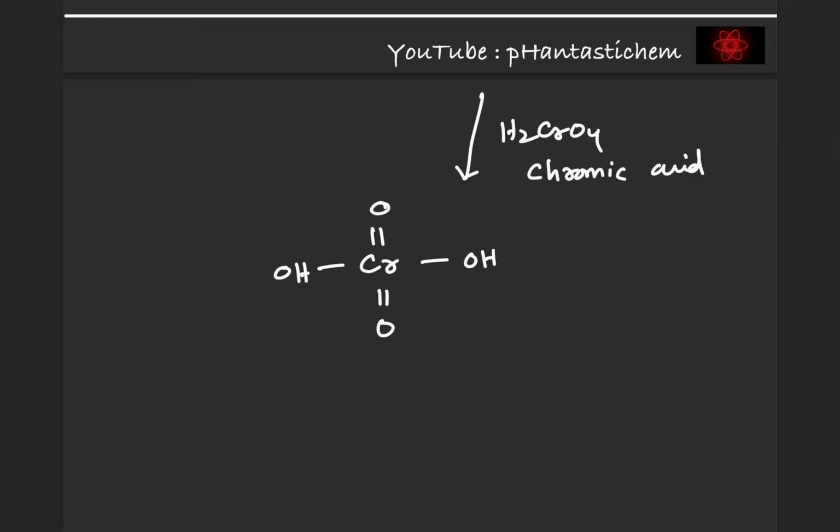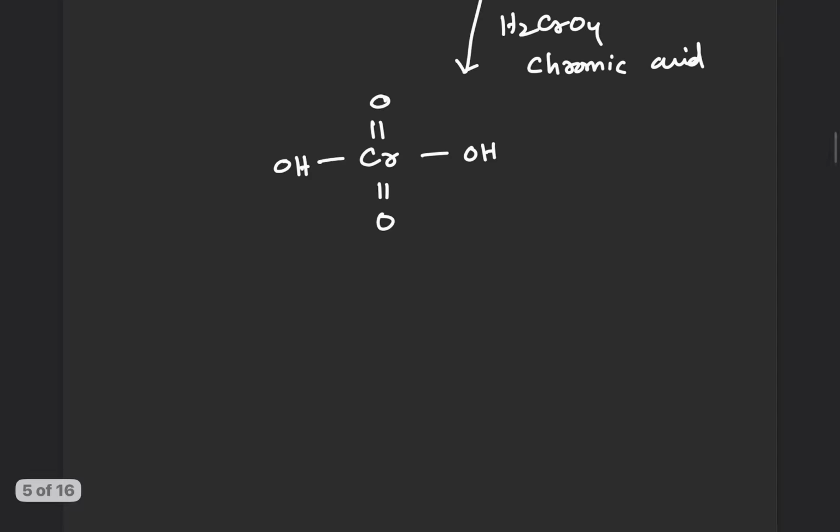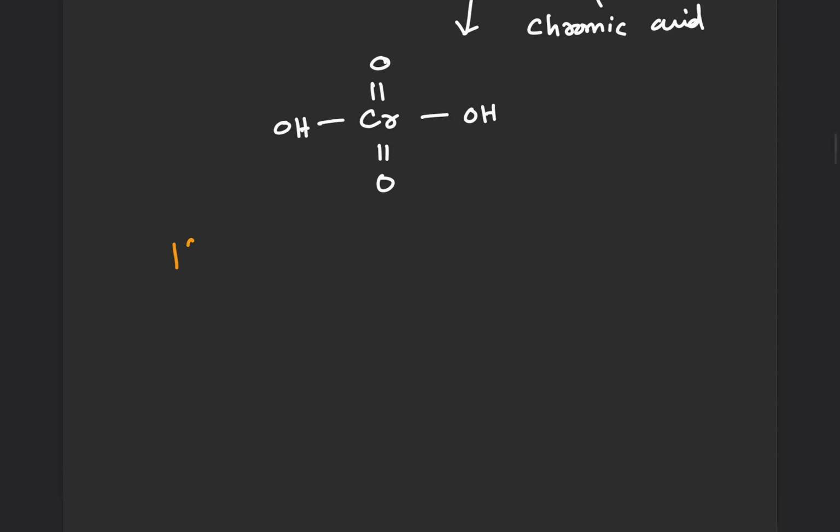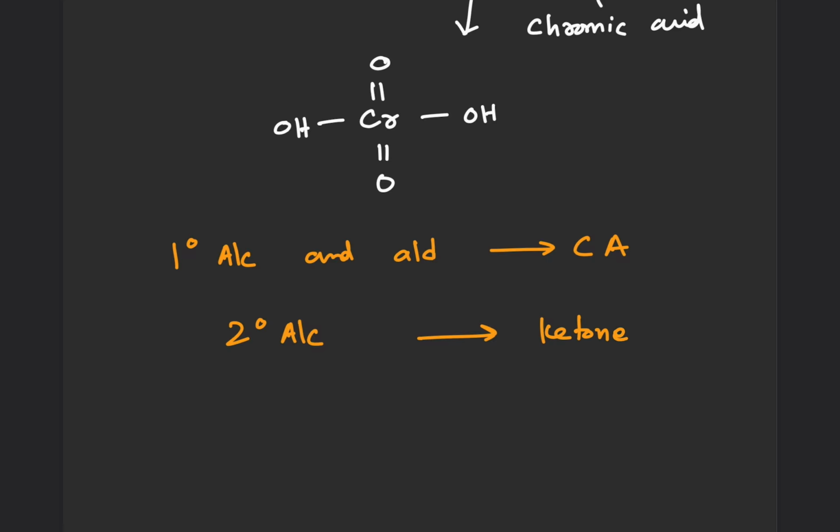Okay, so I will write this down. It is a strong acid, and it is used to oxidize primary alcohols and aldehydes to carboxylic acids and secondary alcohols to ketones.